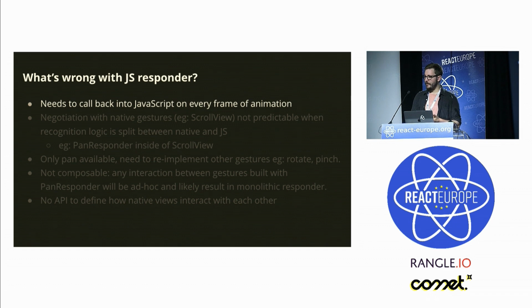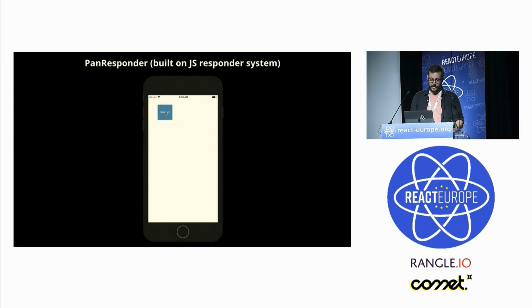And there's really no getting around this with the JS responder system, because all of the logic for handling the events and all the logic for even determining who is the appropriate component for handling the event all lives in JavaScript. So this is a huge limitation of this system.